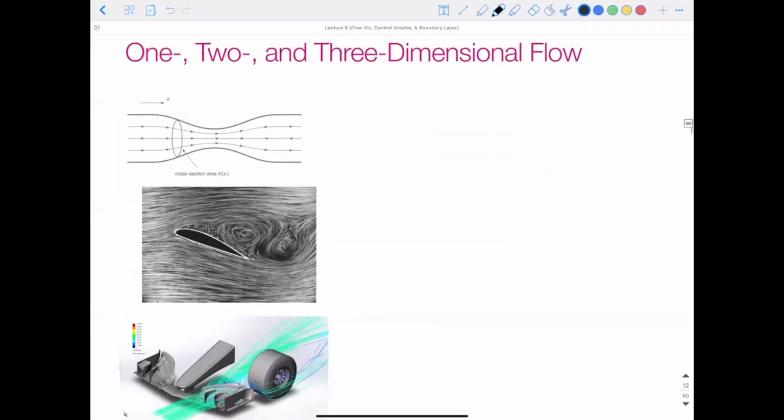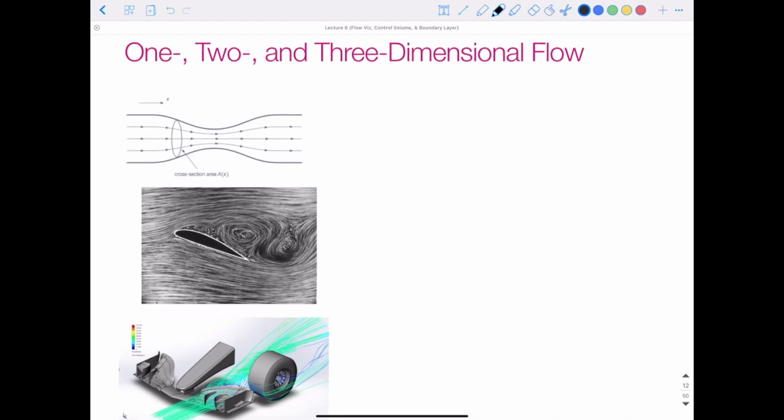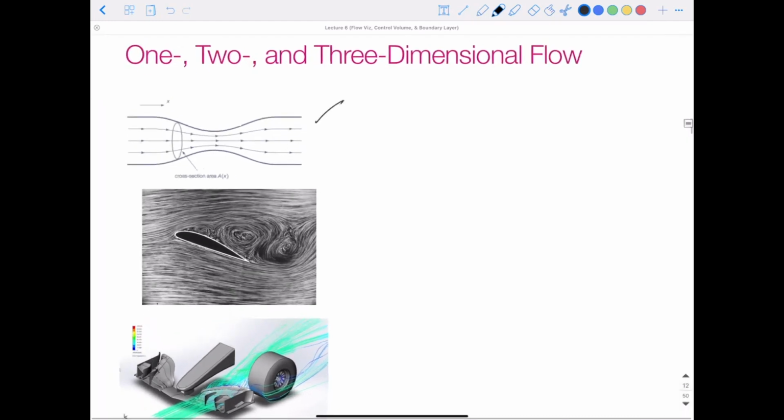So lastly, we have one-dimensional or multi-dimensional flow. So a flow field is best characterized by its velocity distribution. And if the velocity distribution is one-dimensional flow, that means the flow velocity only varies in one dimension. So in this example, 1D flow, our flow velocity varies in one dimension only.